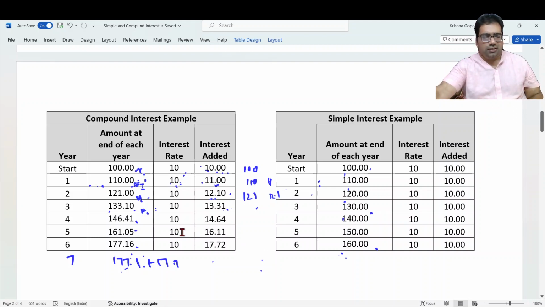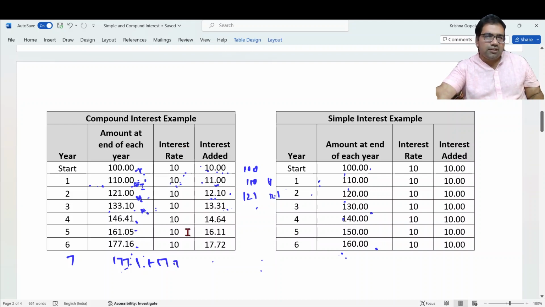Even with a lesser interest rate, probably somewhere around 9 or something, compound interest would achieve it. In 6 years, if I have to achieve 160, we don't need a 10% interest rate in compound interest. It can be lower also, right? Because compound interest is faster in terms of giving interest, because it is calculating interest on interest also.